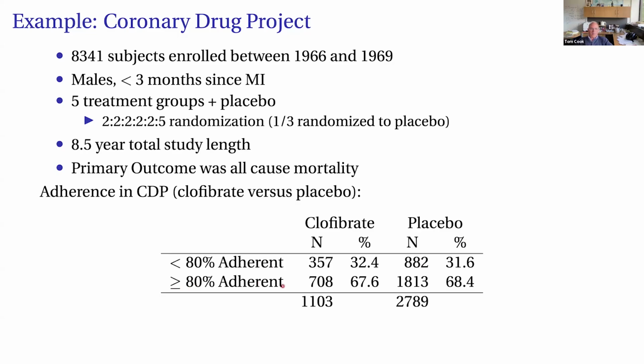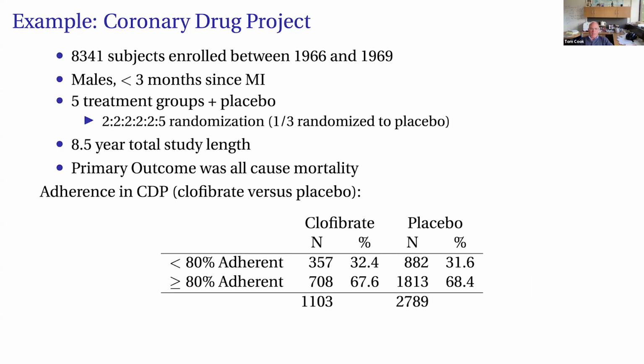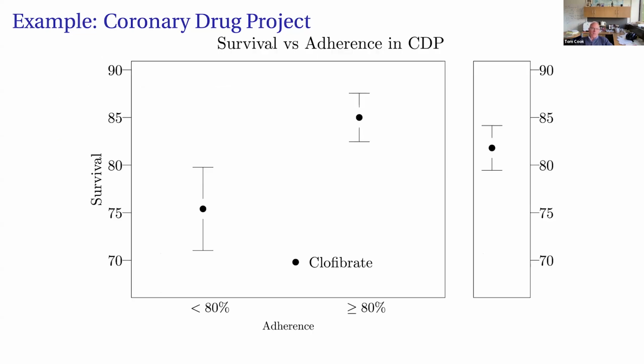About 2/3 in each group received at least 80% of what they were assigned. But if you look at survival based on adherence to assigned treatment, those who received less than 80% had about a 75% survival rate. Those who adhered at least 80% had about an 85% survival rate.